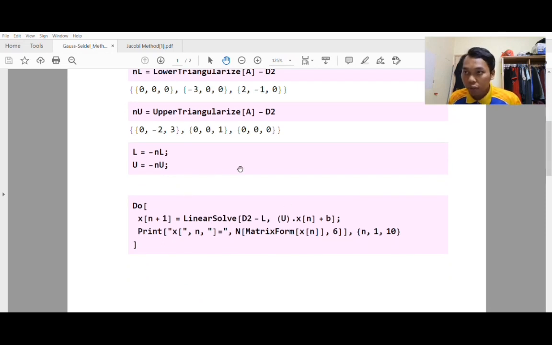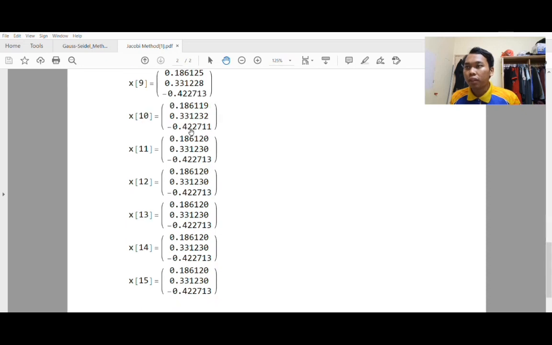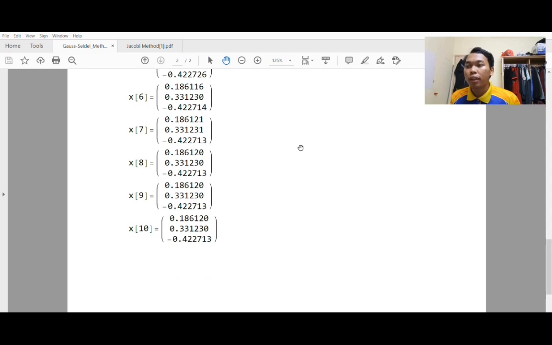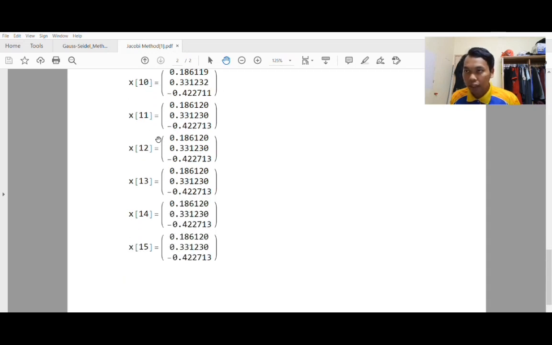For Gauss-Seidel, the formula is (D2 minus L) inverse times U multiplied by xn plus b. But for Jacobi, the formula is D2 inverse times (L plus U) multiplied by xn plus b. Then we find the convergence is the same as the handwritten one. For Gauss-Seidel, it converges at a smaller n, while Jacobi converges when n equals 11.